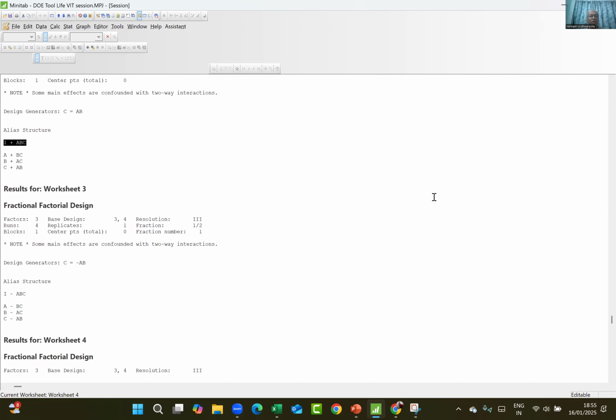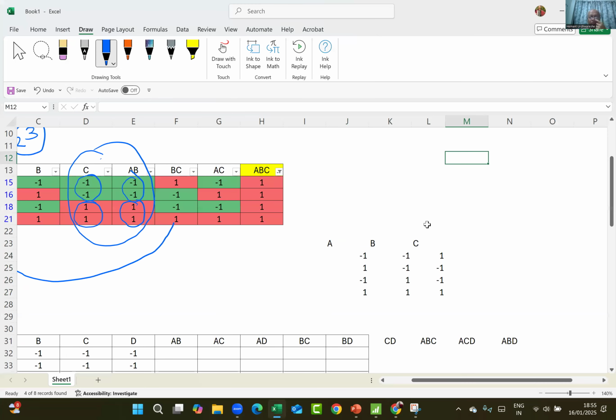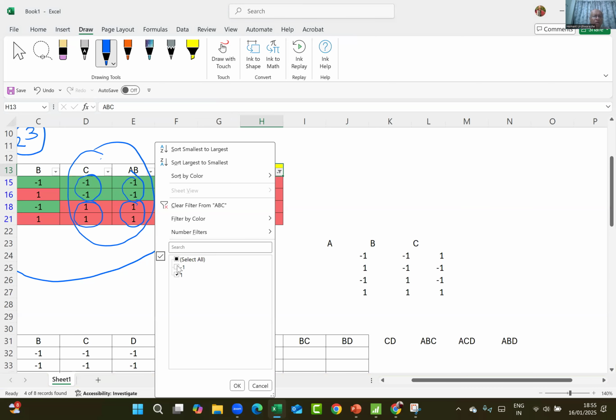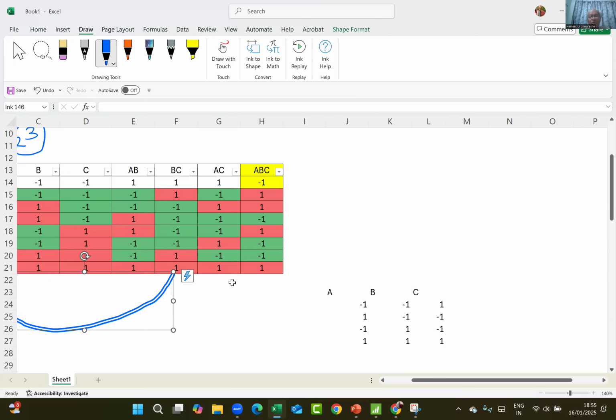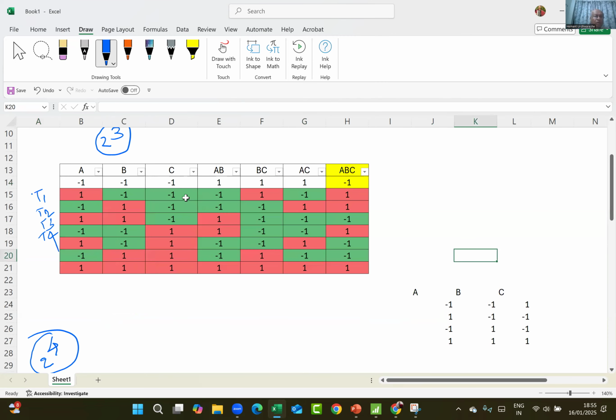So here, as you have seen, this confounding structure, I don't know why this is not matching. Maybe I have made a mistake here probably. Yeah, -1, -1, -1, +1, -1, -1. Yeah, this is okay. So have I calculated the ABC column incorrectly?